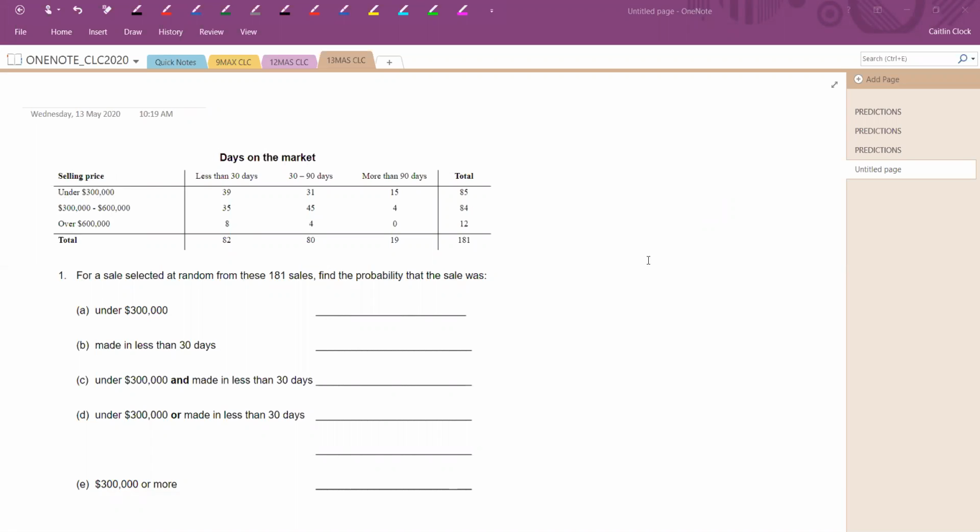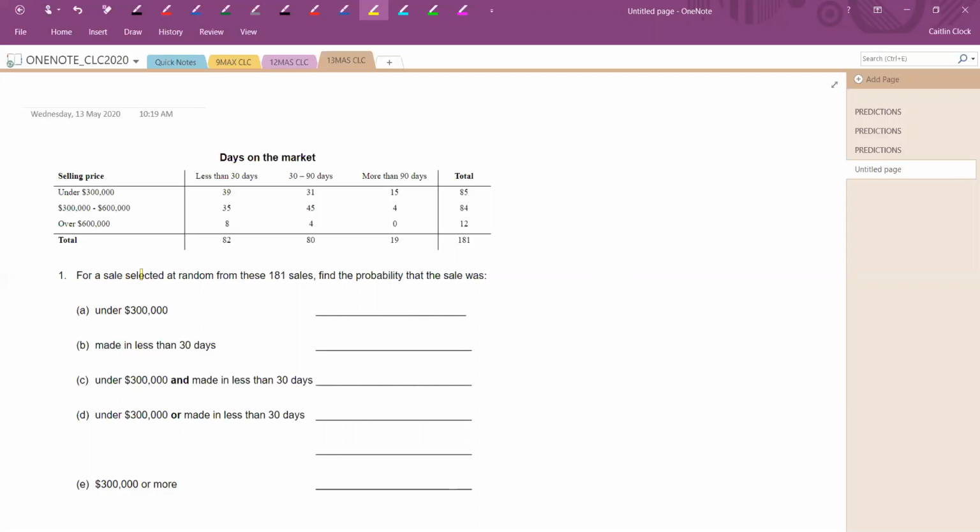I think this was like 2014 or something, so that's why the numbers are smaller than they would be today. And it's the average selling prices.